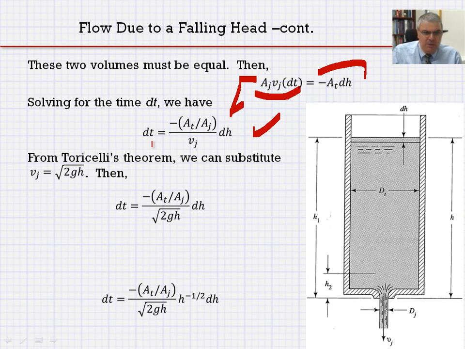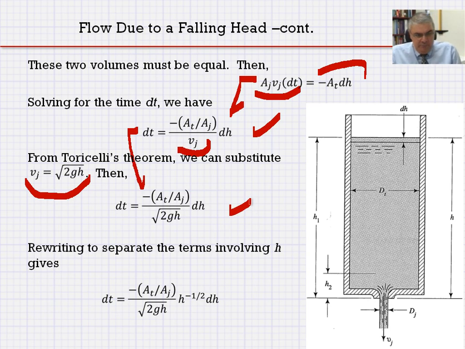V_j here, we are going to substitute by the square root of 2gh. So simply from this equation, now we're going down to this equation. All we did was substitute V_j by the square root of 2gh as shown down here, right?